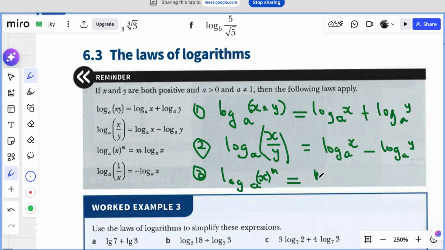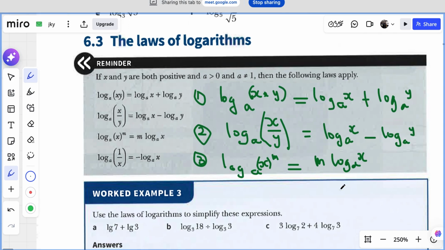So this will become m log a x. Okay, this is the third law, which is the power law. This is the third law of indices.